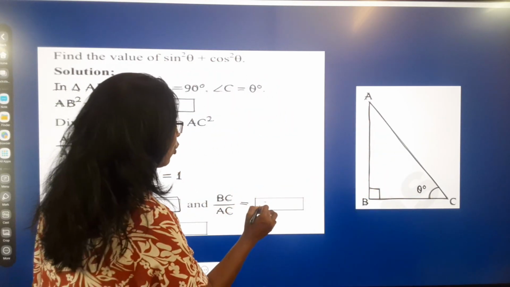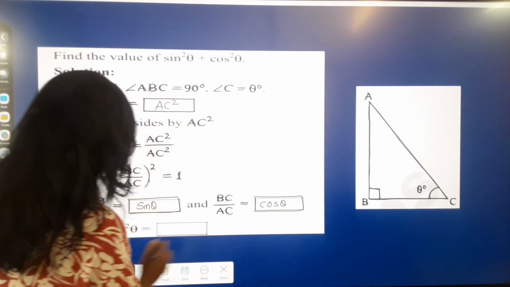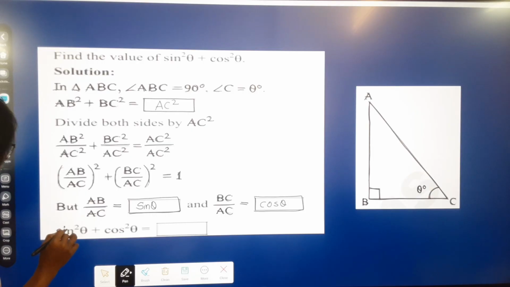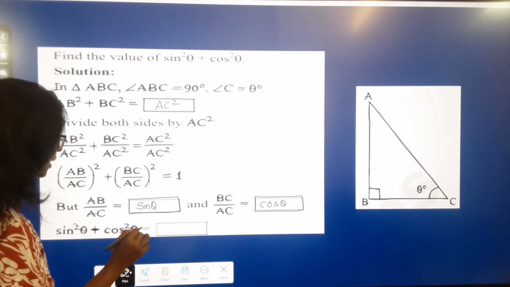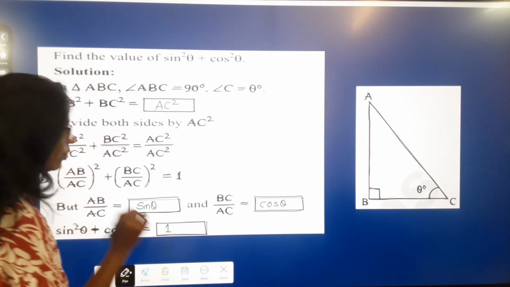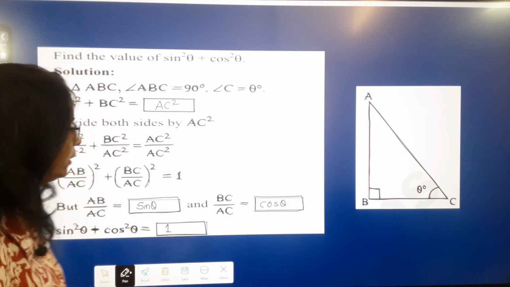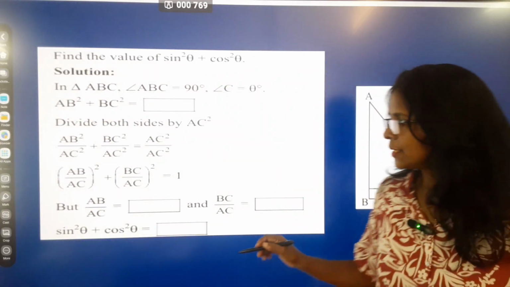So it is the ratio of cos theta. So now here students, this way we can say that sin square theta plus cos square theta is equal to 1. Okay students, such a way you can do it. Then the next one students, next example.